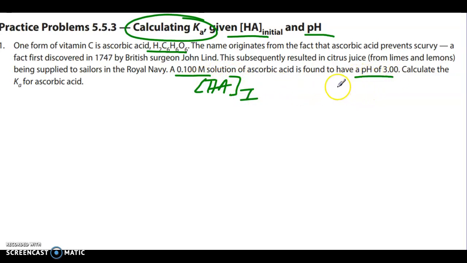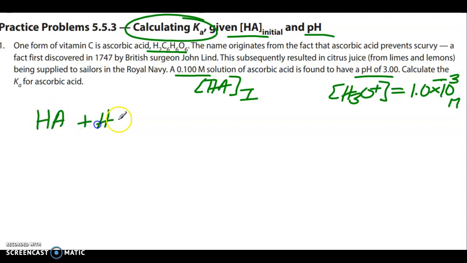So from this pH, we can get the hydronium concentration at equilibrium by doing 10 to the negative 3, which is essentially 1 times 10 to the negative 3 moles per liter. And we want to calculate the Ka. So I'm going to use just our simple HA expression here to do our equilibrium.